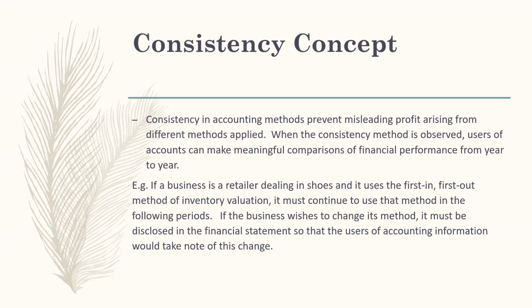If the business wishes to change its method, it must be disclosed in the financial statements so that the users of accounting information would take note of this change. So before they compare their financial statements, you need to disclose this information, and usually it's at the bottom of the financial statement. You need to disclose that so when they see it, they are not going to be surprised by that change. Okay?